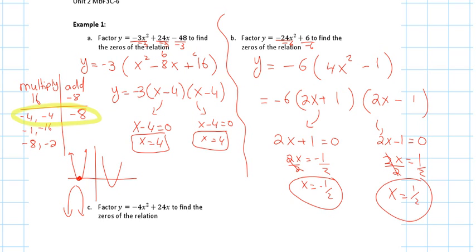A lot of people miss that. You guys have to learn how to factor. If you don't know how to factor, you can't do anything else. It's as simple as that.